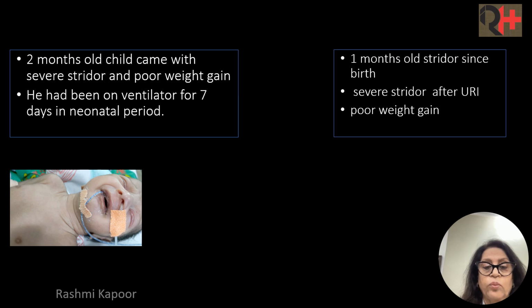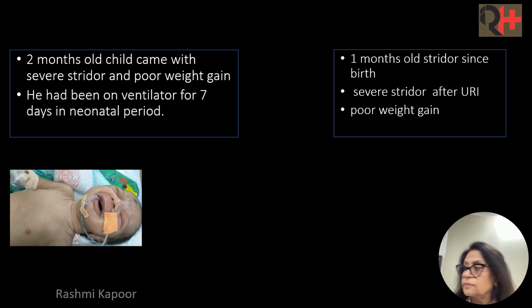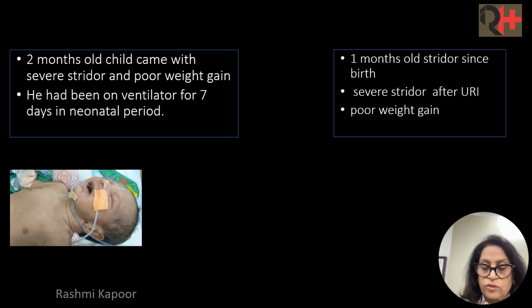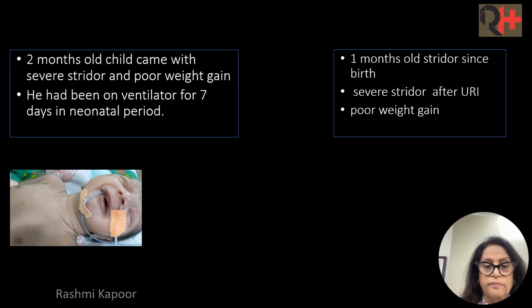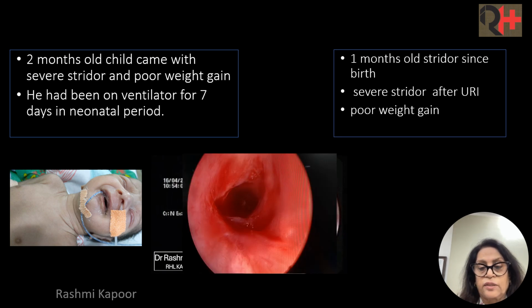He had been on a ventilator for 7 days in the neonatal period. So we see that this is severe stridor with severe intercostal and subcostal retractions, and we went ahead and did the bronchoscopy, and we found subglottic stenosis, and we did the balloon dilatation.